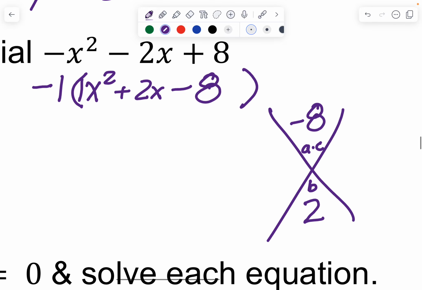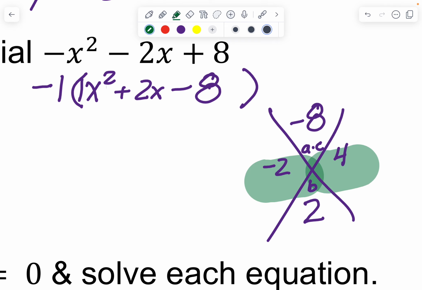So that's going to be a -2 and a +4. Because it's a 1x squared out in front, we put both of these over a 1x.